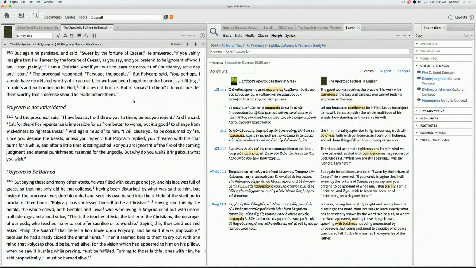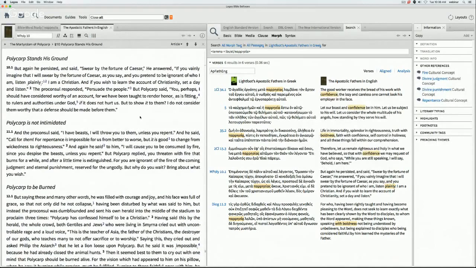In the martyrdom of Polycarp, he is on trial, and he basically says to the authorities, if you vainly imagine that I will swear by the fortune of Caesar as you say, and you pretend to be ignorant of who I am, listen plainly. Parousia.